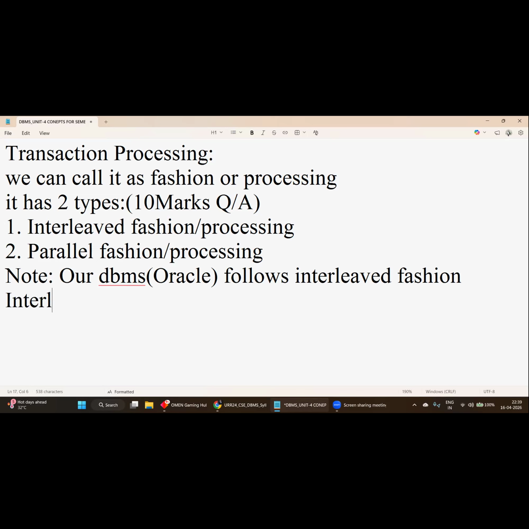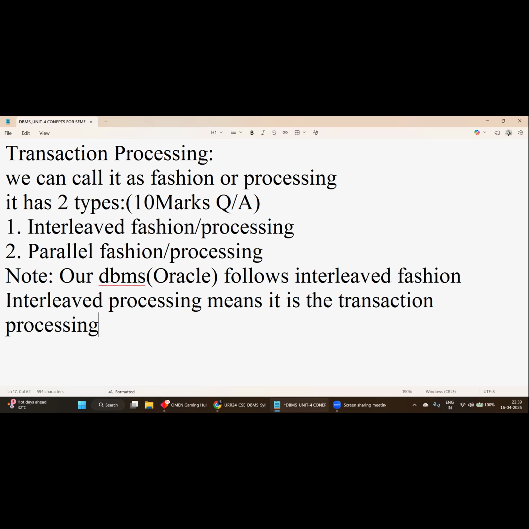First one, interleaved processing means it is the transaction method.